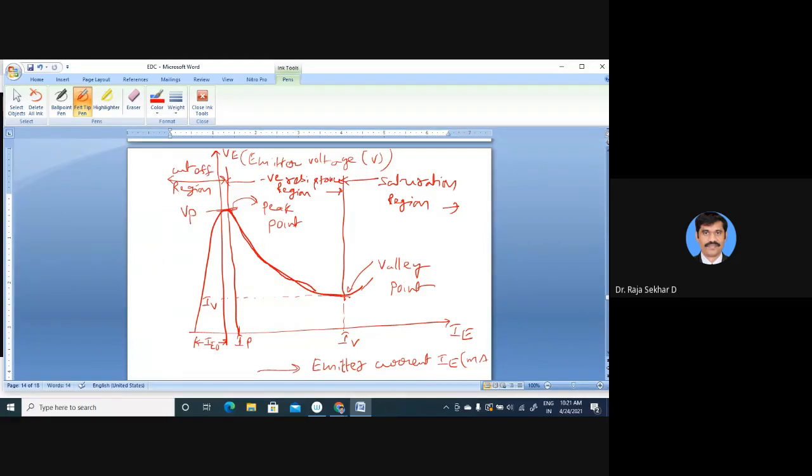So here where the resistance changes from negative resistance to positive resistance, that is called valley point, that is called saturation region. When B2 is open circuited, then IB2 is equal to 0.